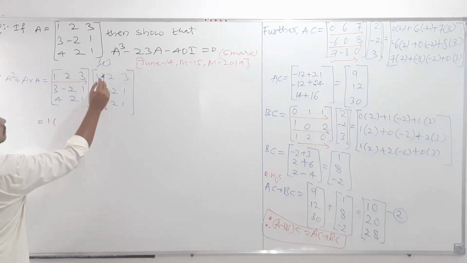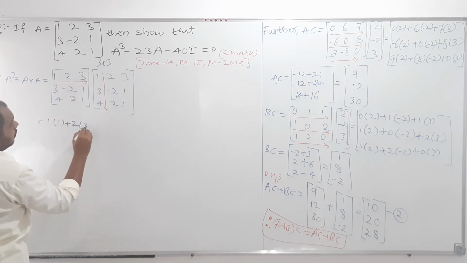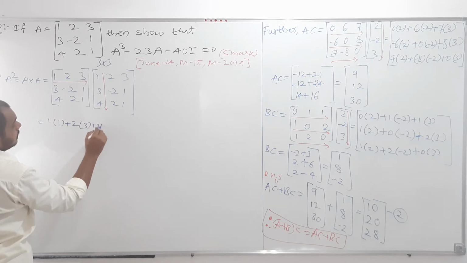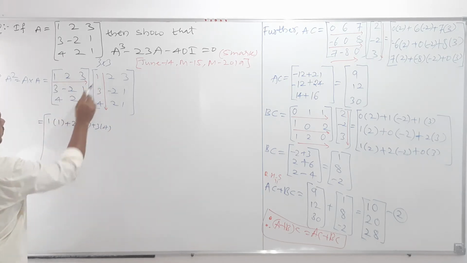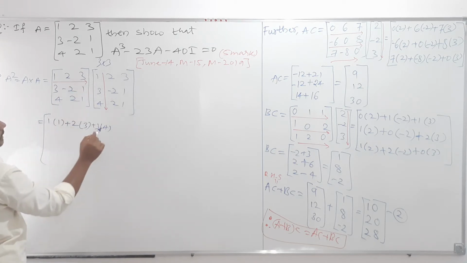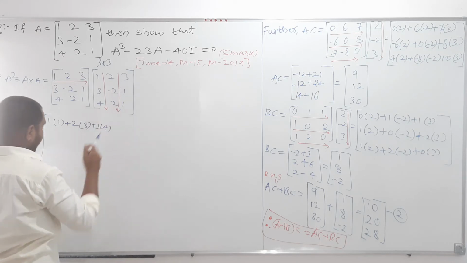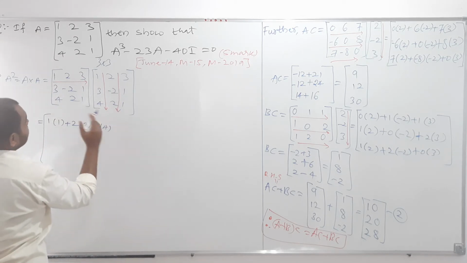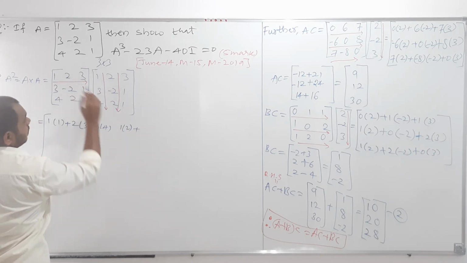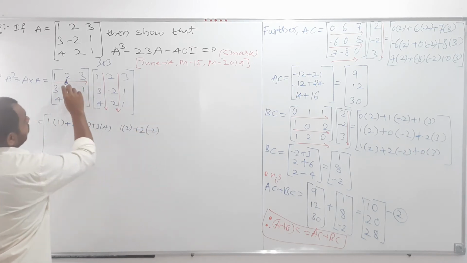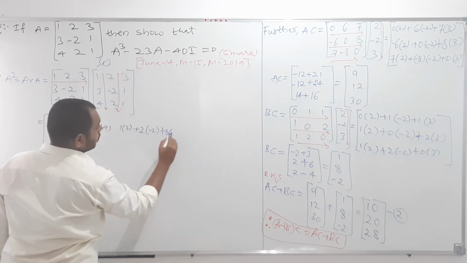So here it is first row first column: 1 into 1 plus 2 into 3 plus 3 into 4. And next my dear students, first row second column. So leave some space: 1 into 2 plus 2 into minus 2 plus 3 into 2.